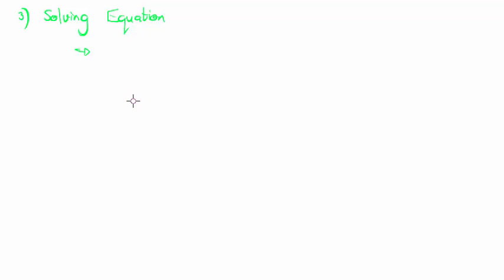There's three aims that you will do in order to solve an equation. One is you want to get a single trig ratio equal to a constant. That is the main idea of solving trigonometric equations. Get a single trig ratio equal to a constant.